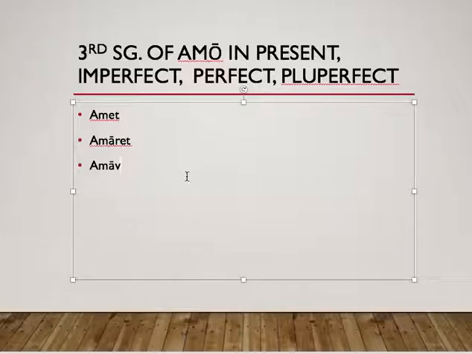I chop off the i, and I add on -erit: amaverit. He, she, it loved. And then for the pluperfect, we form the perfect active infinitive, which is amavisse, and add on the appropriate ending, third singular, -t, so amavisset: she, he, it had loved. Great. All right, quick review there.